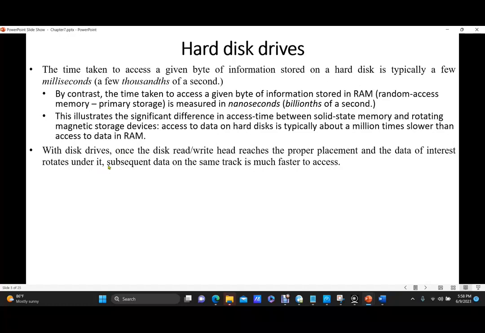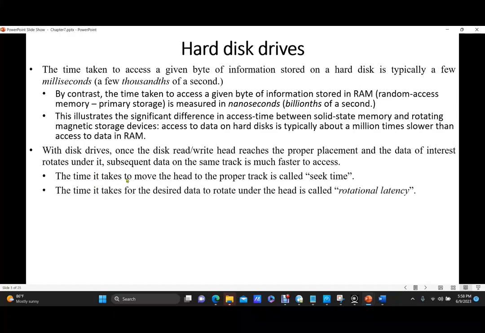With disk drives, once the disk read-write head is at the proper position and the data of interest is passing under it, subsequent data on that same track is much faster to access. It takes time to move the head to the proper track, and that time is called seek time.